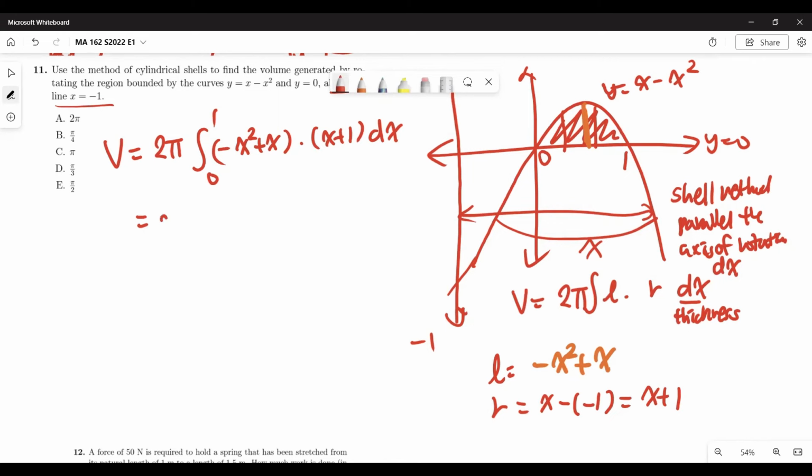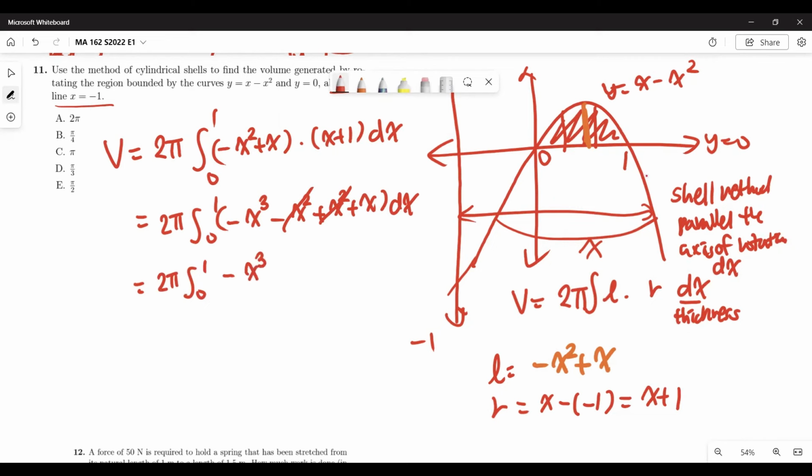So this is 2 pi from 0 to 1 of negative x cubed negative x squared plus x squared plus x dx. So the x squares are going to get cancelled out. 2 pi from 0 to 1 of negative x cubed plus x dx, negative x to the 4th over 4 plus x squared over 2, 0 to 1, multiplied by 2 pi.